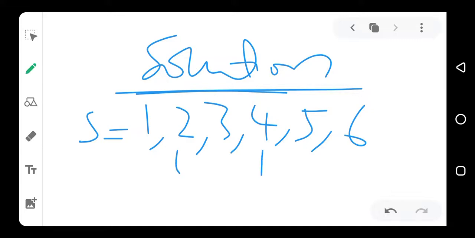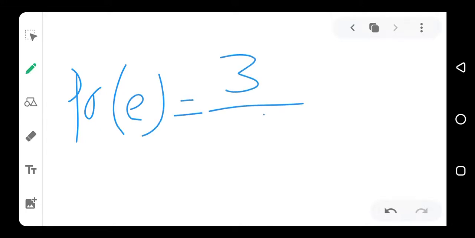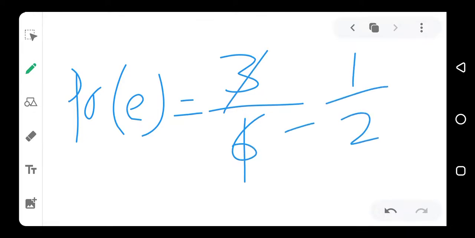The number of events we are looking for is 3, while the total in the sample space is 6. Therefore, the probability of an even number is equal to 3/6, and this gives us 1/2.